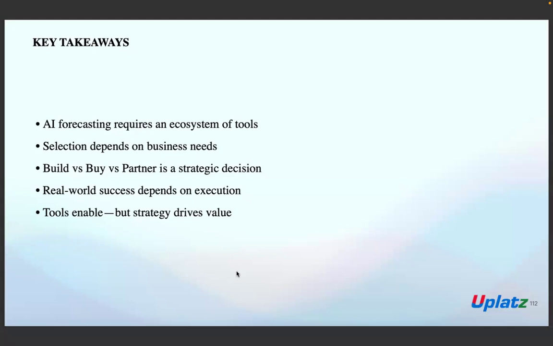Build versus buy versus partner is a strategic decision. In the real world, success depends upon execution, and the tools enable, but strategy drives value. With this, we end module 9.